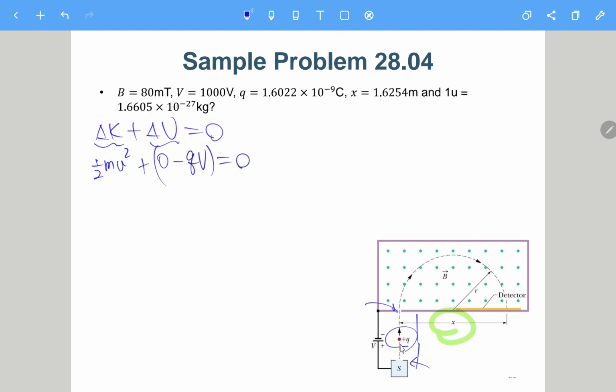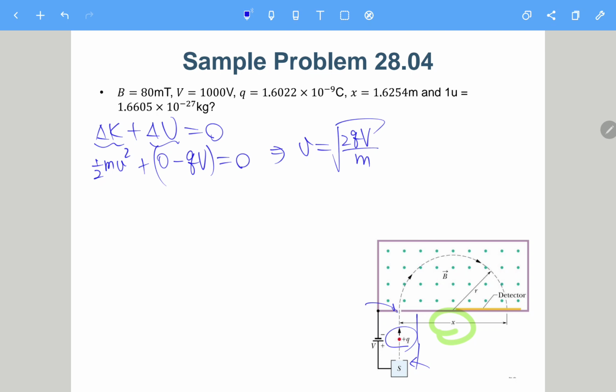And then here, we will have Q times V. So we have 0 minus QV. So in this case, we will be able to find v to be the square root of 2QV over m.